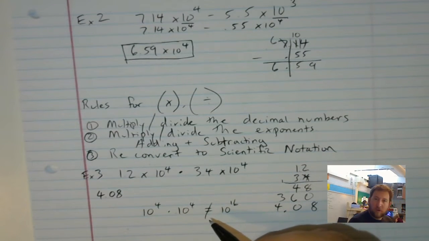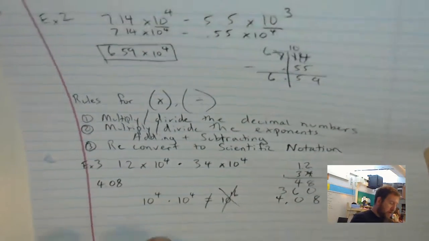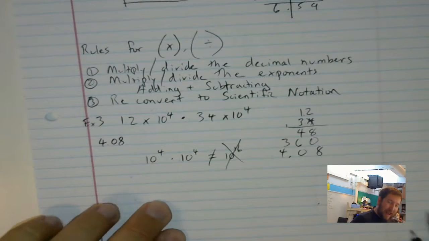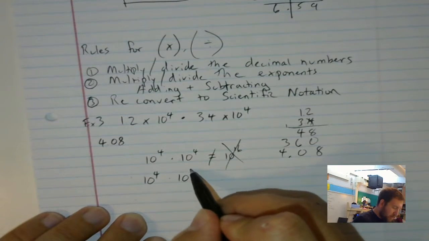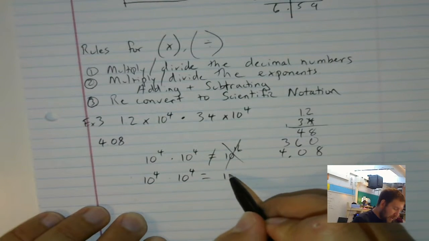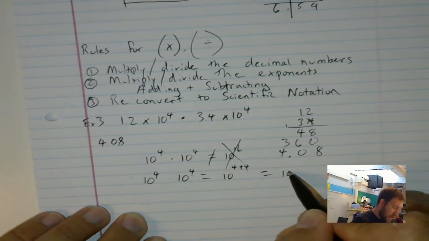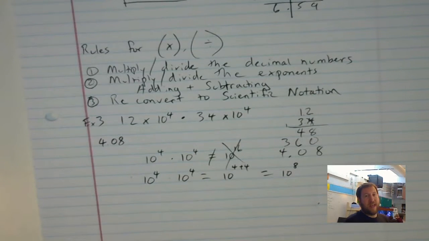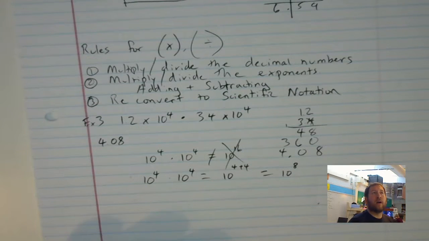Instead, when we multiply exponents, we add them together. So 10 to the 4th times 10 to the 4th is equal to 10 to the 4 plus 4, which is equal to 10 to the 8th. Whenever we are multiplying them, we add, and whenever we are dividing them, we subtract.